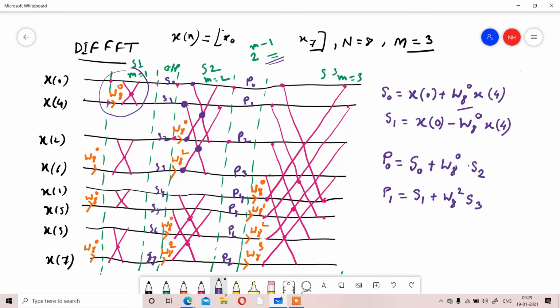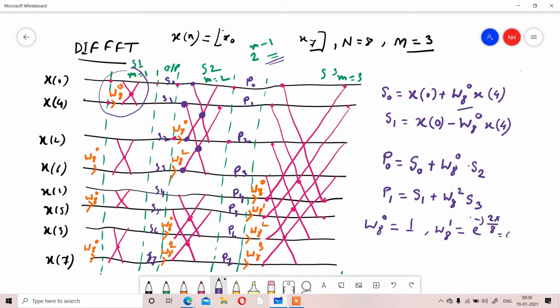Here, what should be the value of W80? W80 value will be 1, as 1 to the power 0. W81 will be e to the power minus j 2 pi by 8 to the power 1.